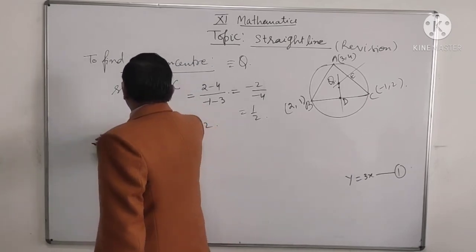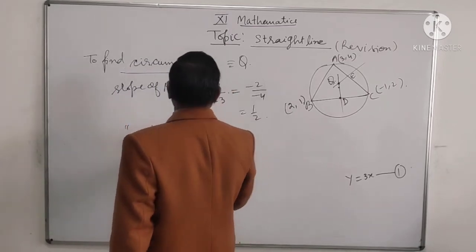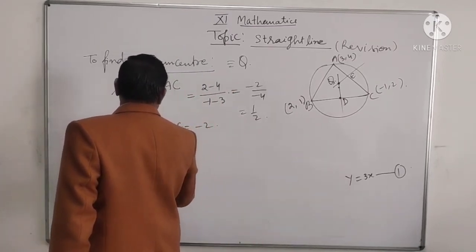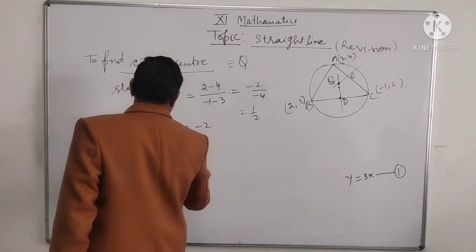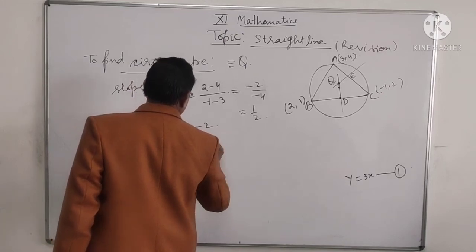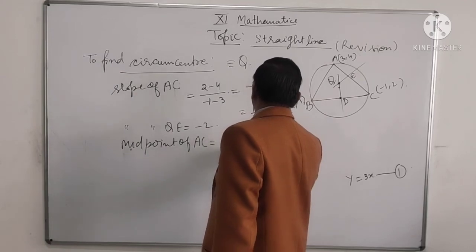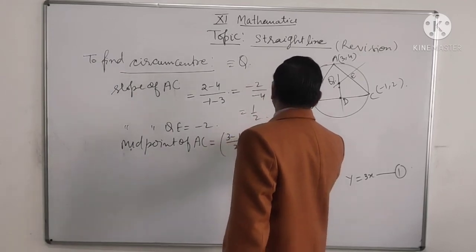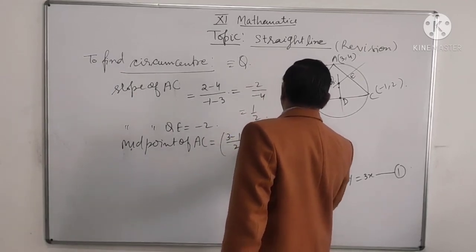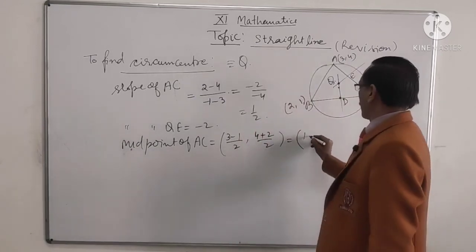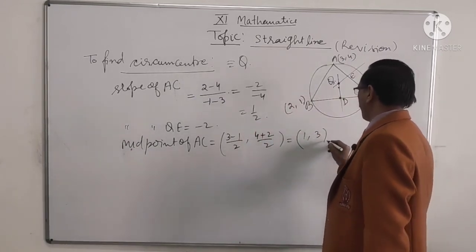Midpoint of AC is 3 minus 1 upon 2 and 4 plus 2 upon 2, which is 1 comma 3.